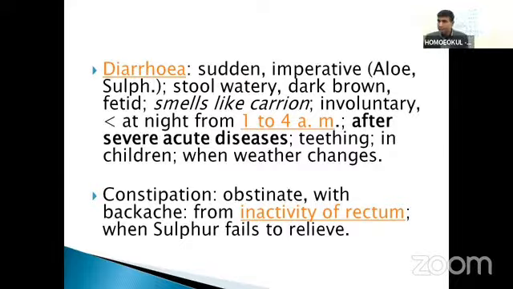Got it? So at night you got 3 medicines: psorinum, chelidonium and pulsatilla. It is the opposite of petroleum, as we have seen earlier in petroleum: diarrhea from suppressed eruption as well as diarrhea during the day. Is it clear?